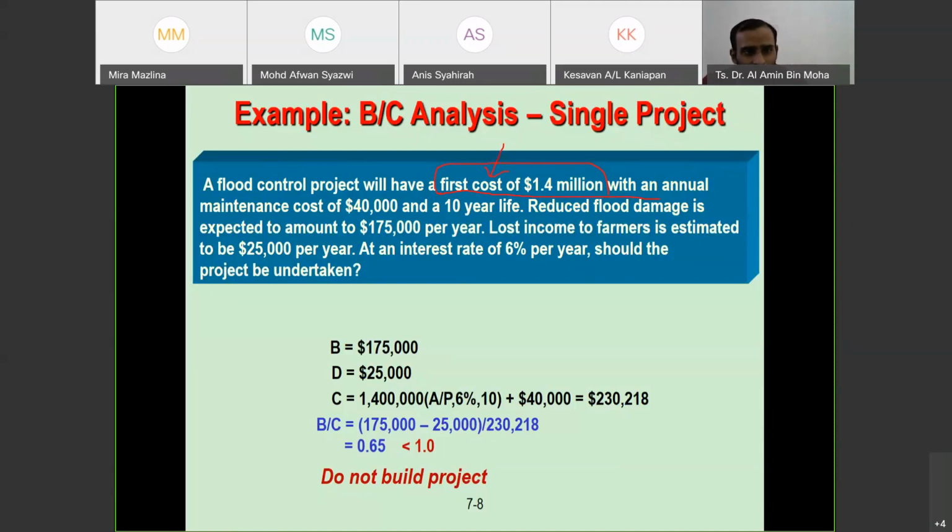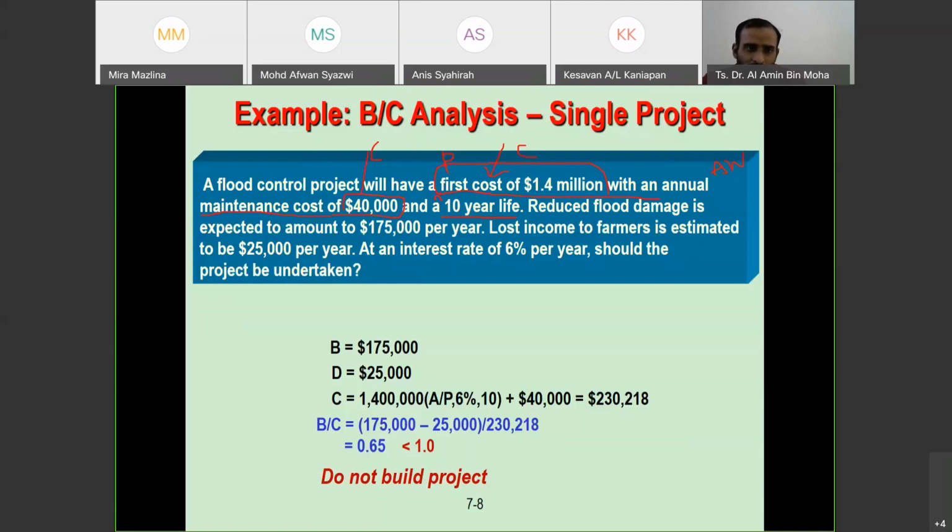So there's another cost here, which is the maintenance cost, annual, so it's AW. First cost is P. And what else is the information being given? 10 years. So N is 10. So this is cost. AW, N is 10, and then they have more explanation.